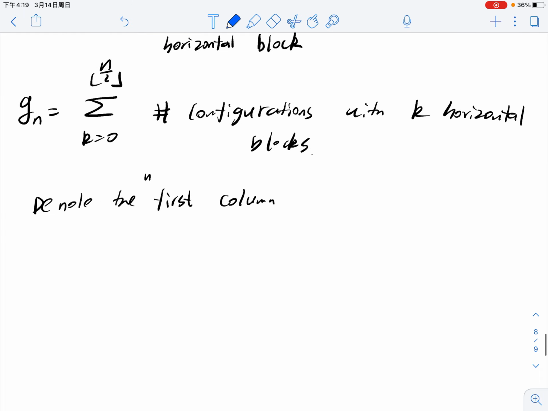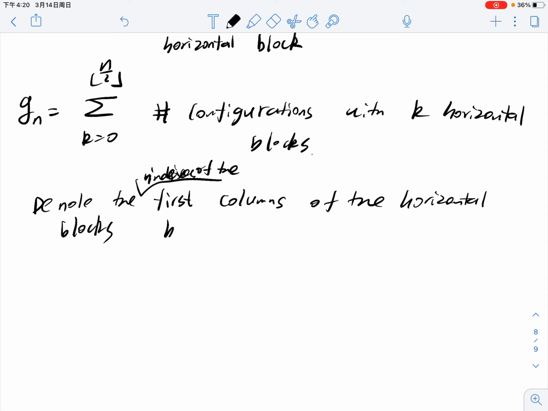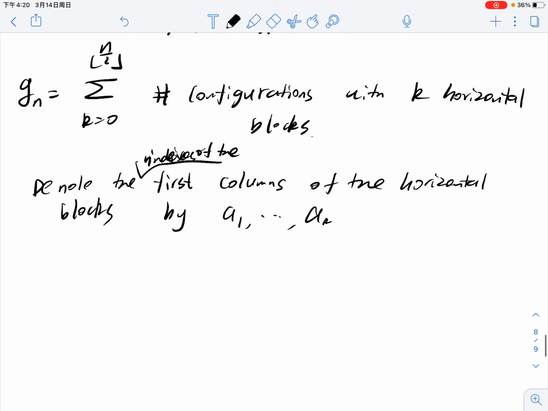And denote the indices of the first columns of the horizontal blocks by A1 to Ak.